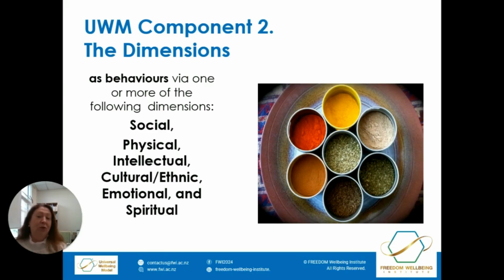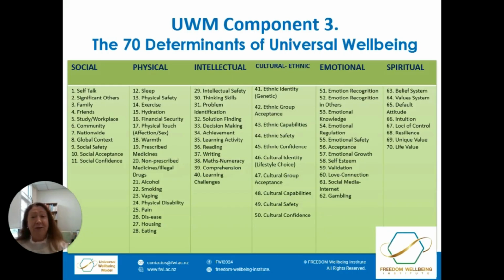In our research we've identified a number of specific behaviours that come through this channel of sensory inputs being processed and interpreted by our brain, which then manifests particular behaviours that essentially determine our universal well-being level. In this slide, I'm showing you the behaviours that have been identified as determining the status of our universal well-being.